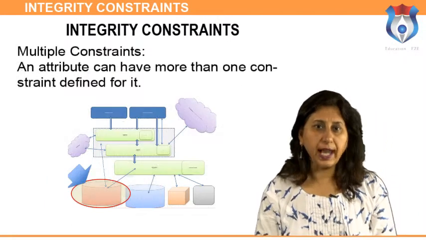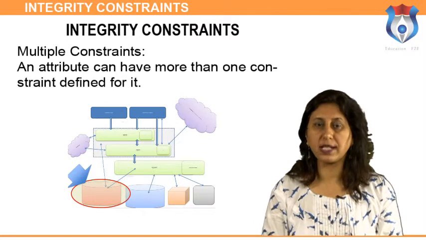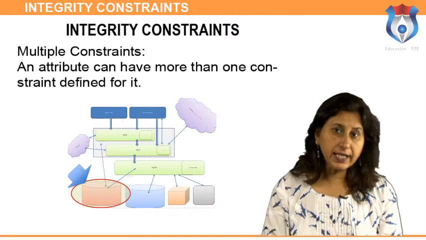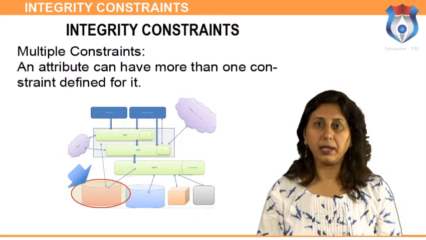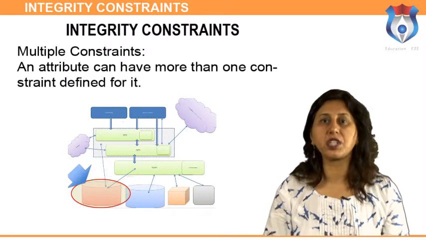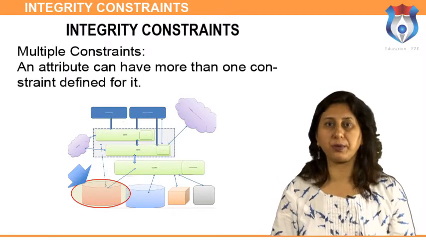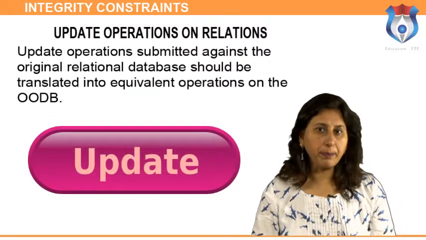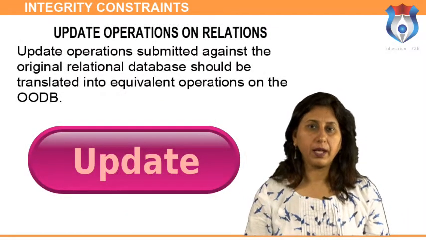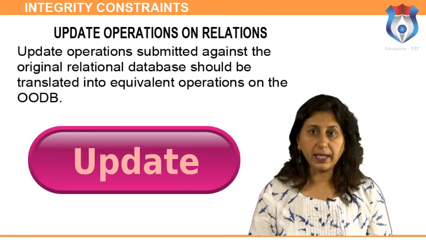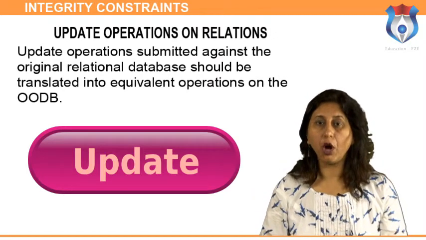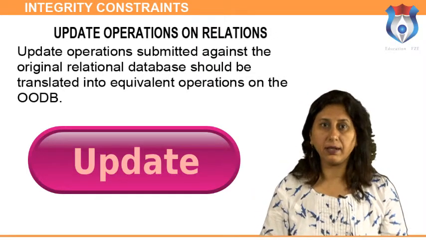No component of the primary key may be set to null. An attribute can have more than one constraint defined for it. Any data inserted into the table must satisfy all the constraints defined for an attribute. Update operations on relations. The original relational database is considered the view on the migrated OODB.